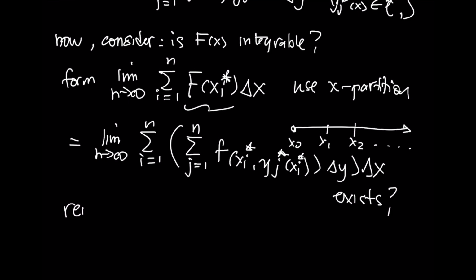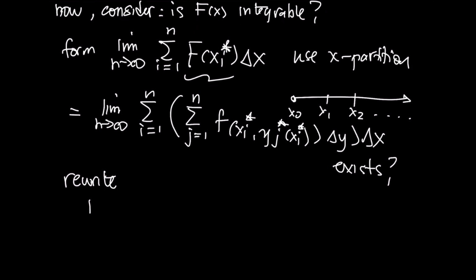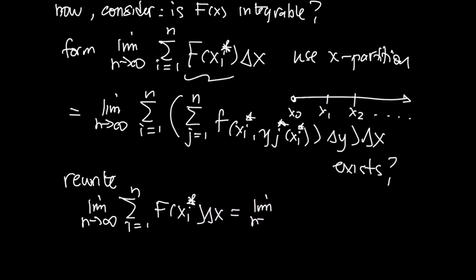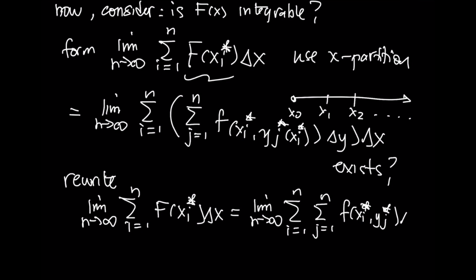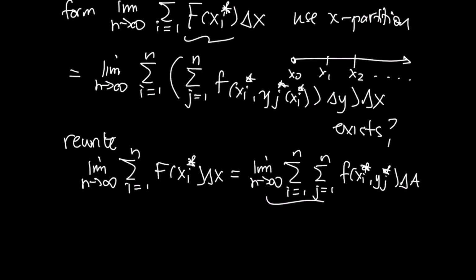Well, rewrite this. This thing right here that I just calculated, I'm trying to see if this definite integral exists. And what I've just found is that this is the limit of this double summation, where I've got an f of xi star, yj star, and I've got this delta A. Well, I know that this exists, and it equals the double integral.